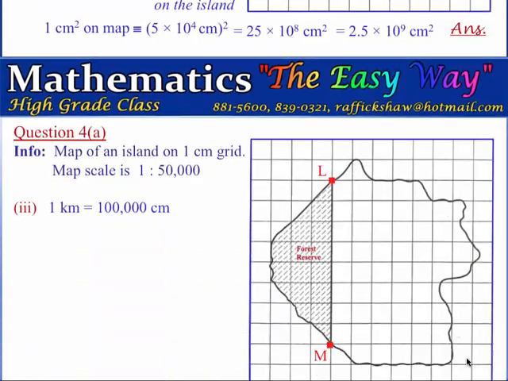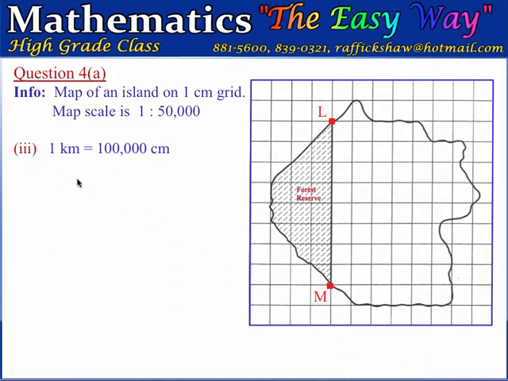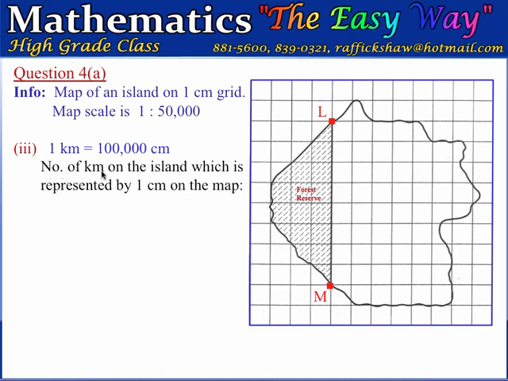Part 3 now tells us that 1 kilometer is 100,000 centimeters. And we should know that. And we are now asked to state the number of kilometers on the island, which is represented by 1 centimeter on the map. And again, starting from what we know, that 1 centimeter on the map is 50,000 centimeters on the island.